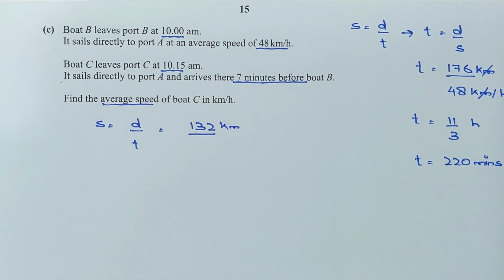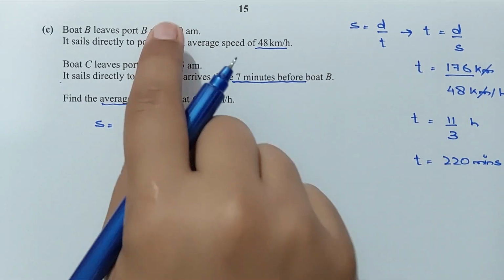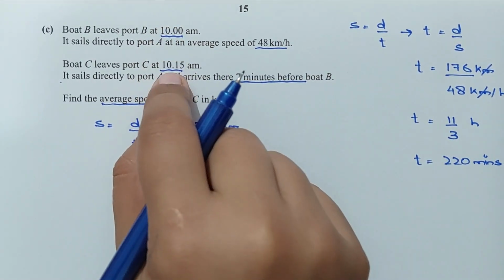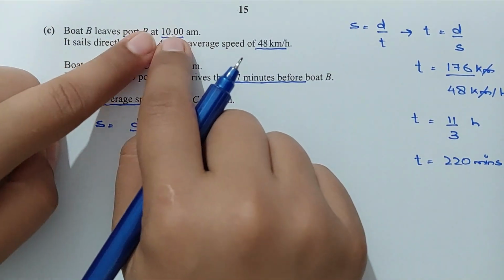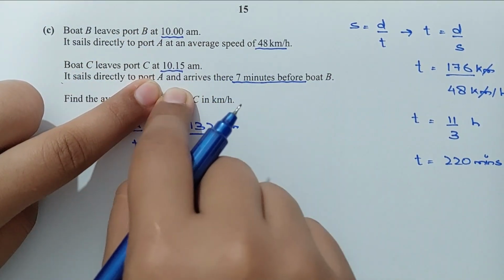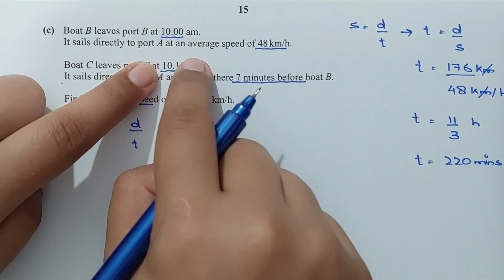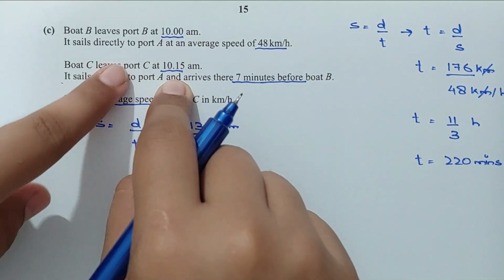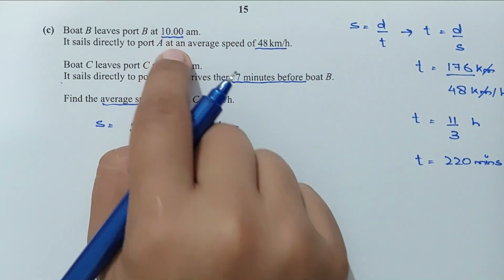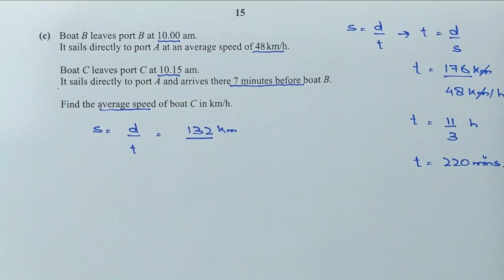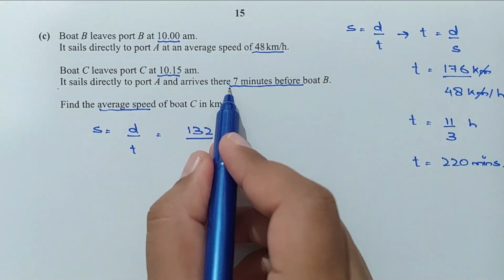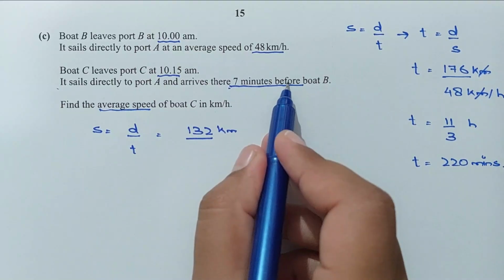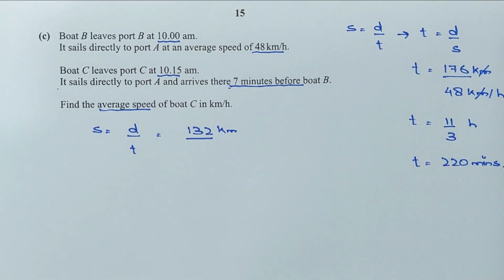All right, so boat B leaves at 10, and boat C leaves at 10:15, so it leaves 15 minutes later. So we have to subtract 15 from this time, and it arrives 7 minutes before, so we have to subtract 7 as well.